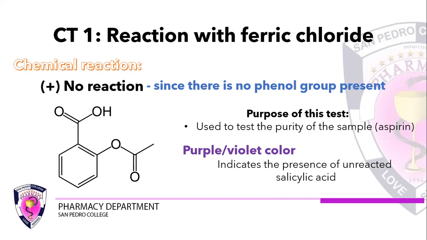Pero, there are still some minute amounts of salicylic acid na nasa mixture. Kaya siya nag-give off ng violet coloration. Pero technically, dapat sa test na ito for aspirin, dapat wala siyang violet coloration. Dapat no reaction. So, yun ha, tandaan ninyo, ang ferric chloride test, it is used to detect or test the purity of the aspirin in this experiment.